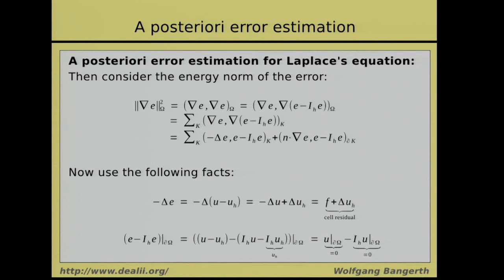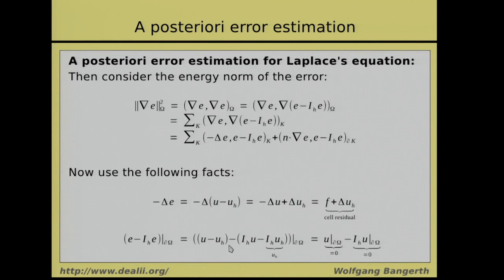Okay, so the second part that I want to discuss is this E minus IHE. If I look at this on the boundary, so E is of course U minus UH, and the interpolant would be IHU minus IHUH. So if I take a discrete function and I interpolate, of course I get back the discrete function.